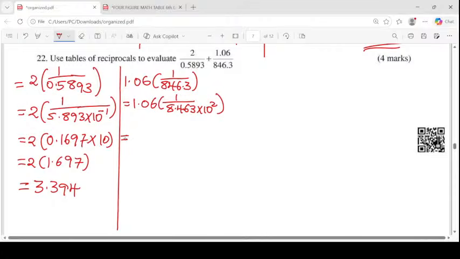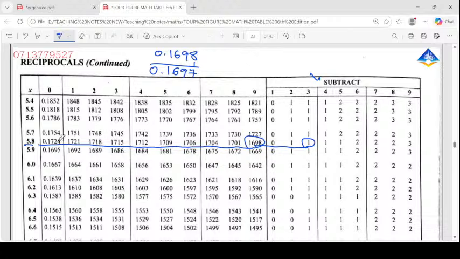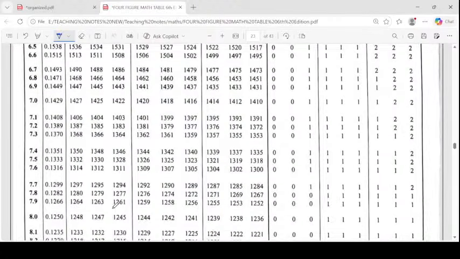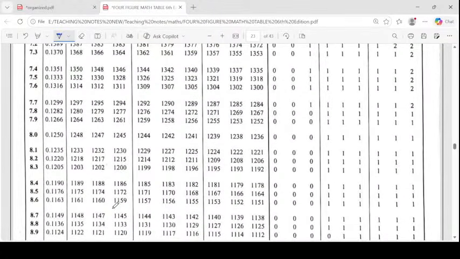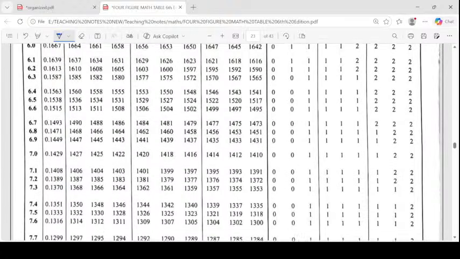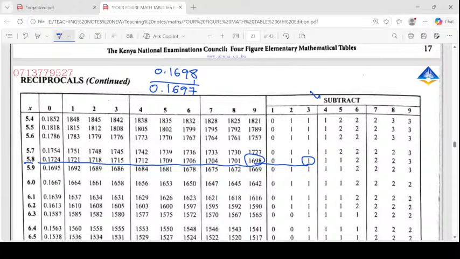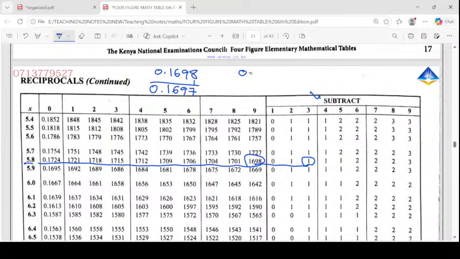So this will become 1.06 into the reciprocal of 8.463. 8.4 is here. 6 is here. I'm having that as 0.1182.